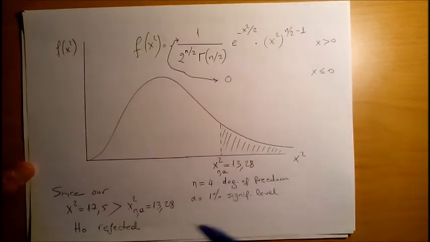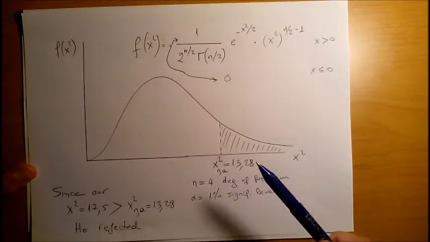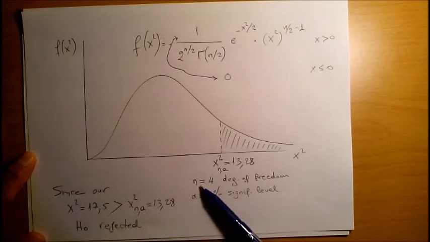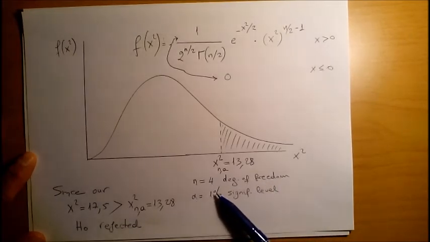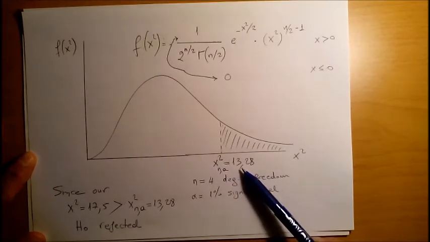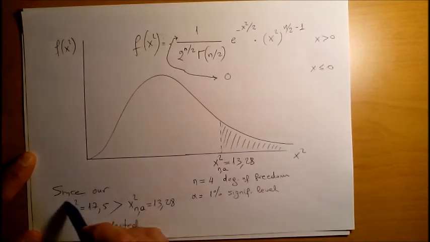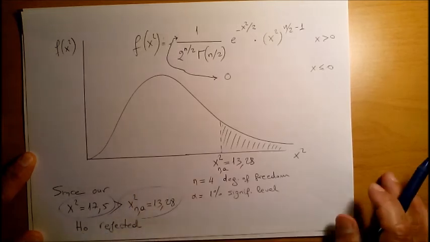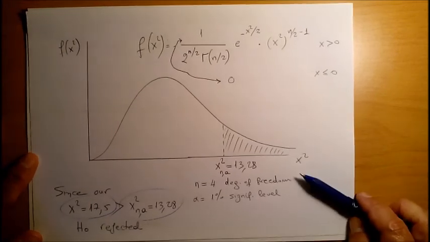You can use your calculator or a table, and from this table or from your scientific calculator, you can get this critical value for n equals 4 degrees of freedom and alpha equals 1% significance level. We have chi-squared 13.28. Since our calculated chi-squared here is greater than this, H naught is rejected. So we reject our null hypothesis.